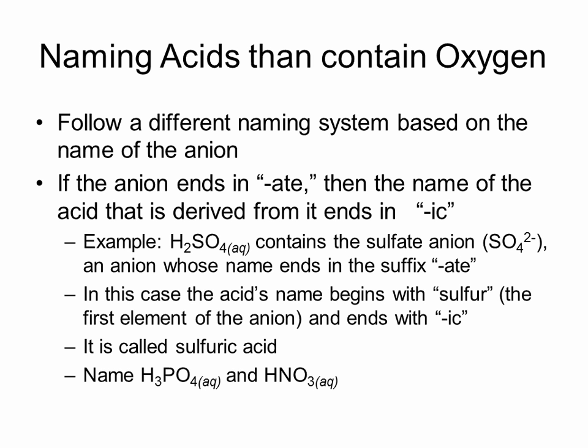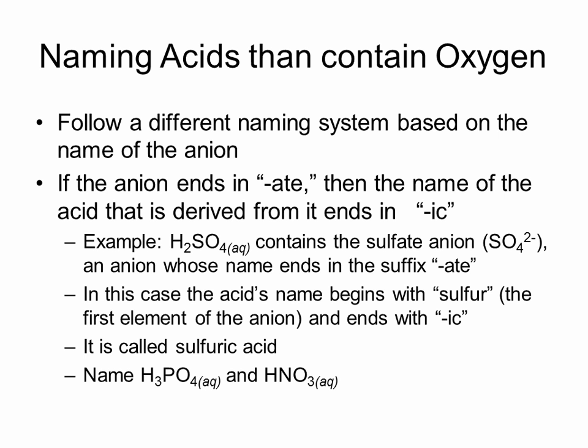Now, for the next one, you have naming acids that contain oxygen. This follows a different naming system based on the name of the anion. If the anion ends in -ate, then the name of the acid that is derived from it ends in -ic. The anion is the non-metal, probably the polyatomic ion.